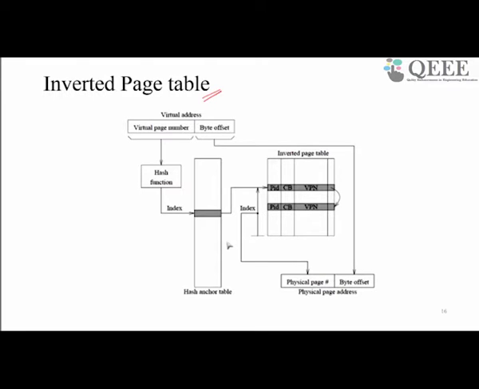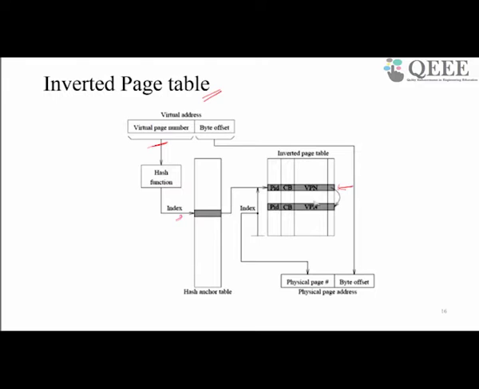The other method is to use the technique called hashing. Given the virtual page number, you use a hash function to generate an index or a key, and this key is an index into the inverted page table where the information about this virtual page would be present.